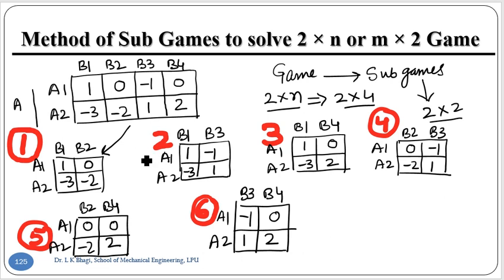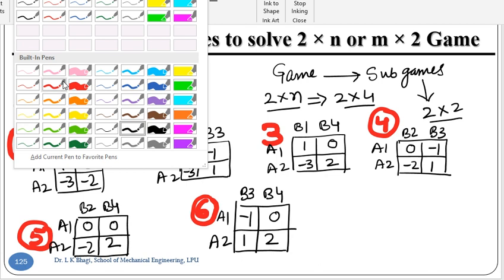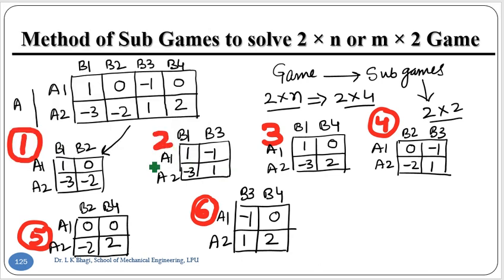If we see the sub game 1 over here, first we have to check the saddle point for sub game 1. The saddle point over here we can see with the minimax, minimum maximum.